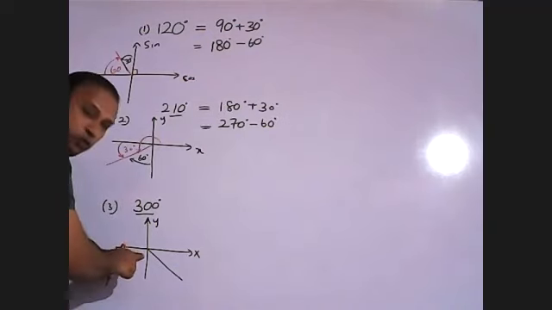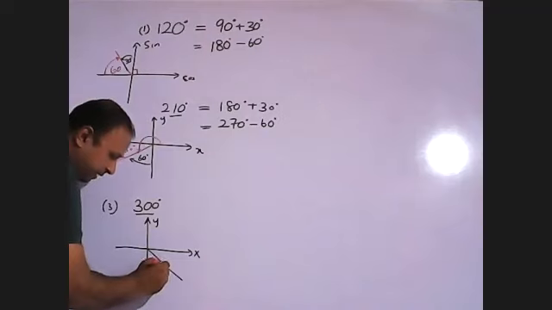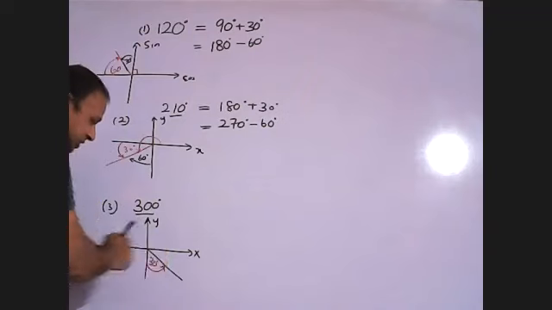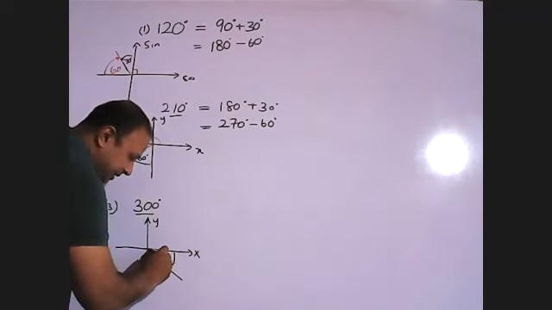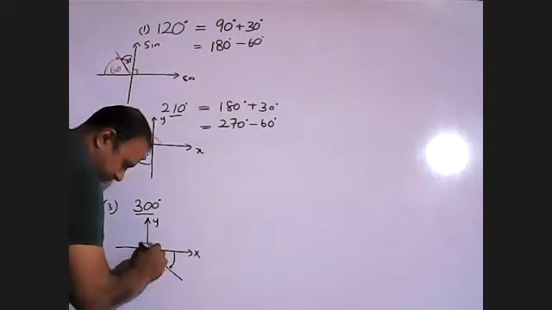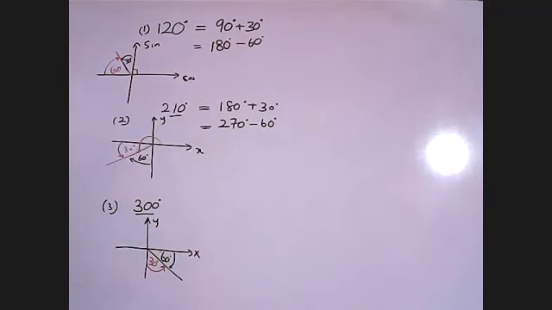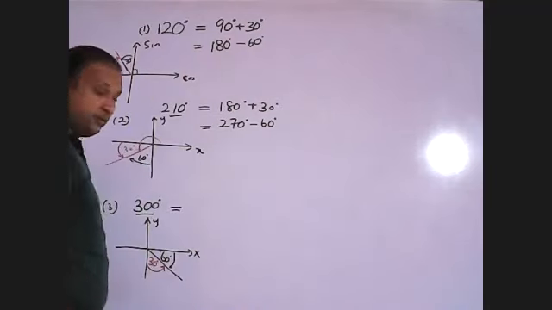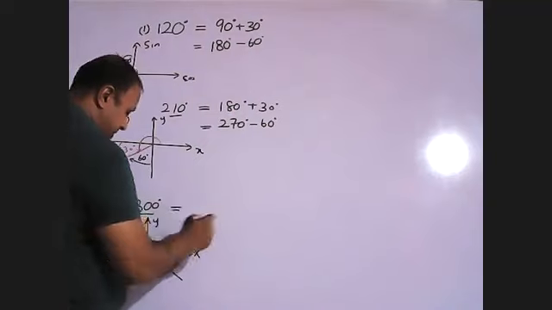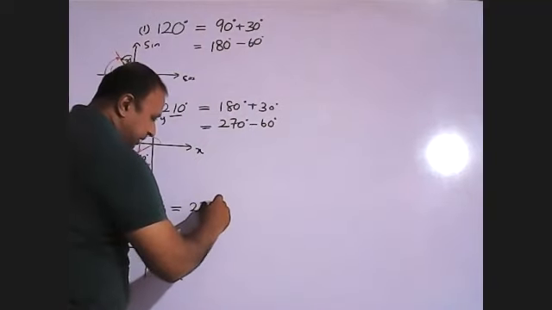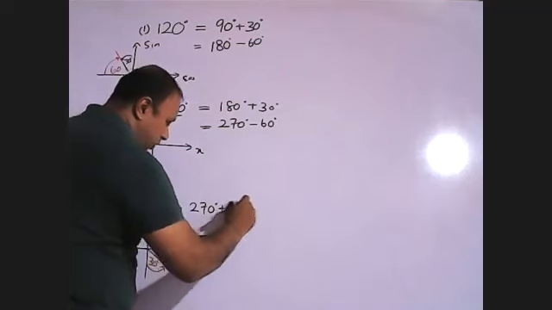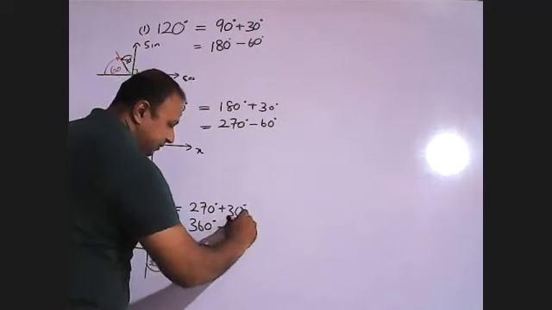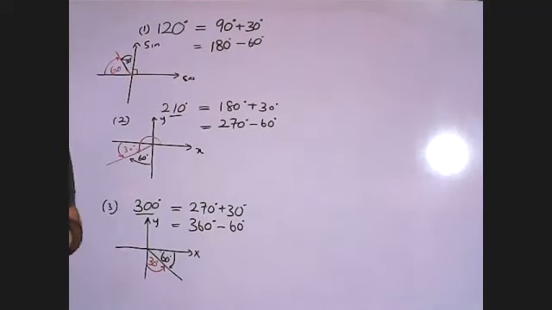Up to this level, 270 plus 30 degree or 360 minus 60 degree. Therefore, 300 degree can be written as 270 plus 30 or 360 minus 60.